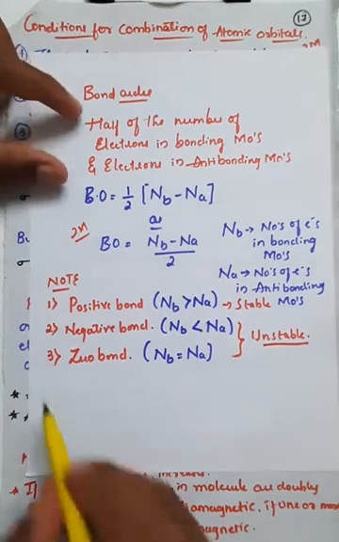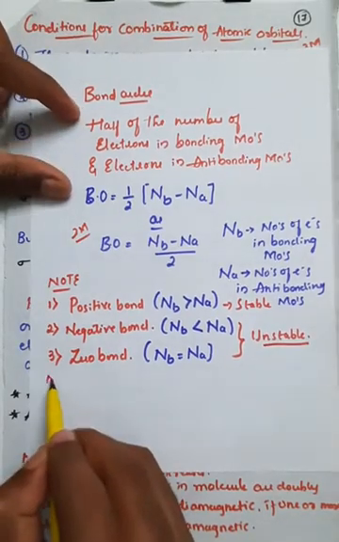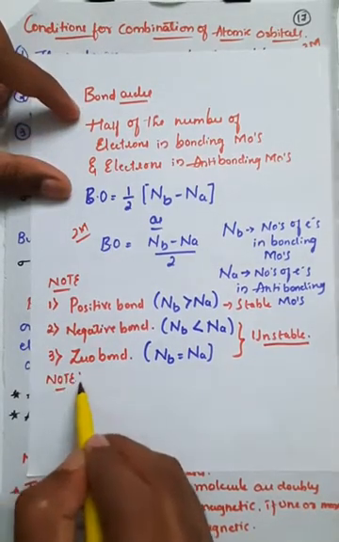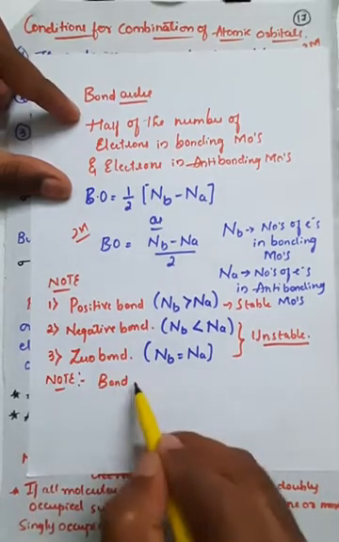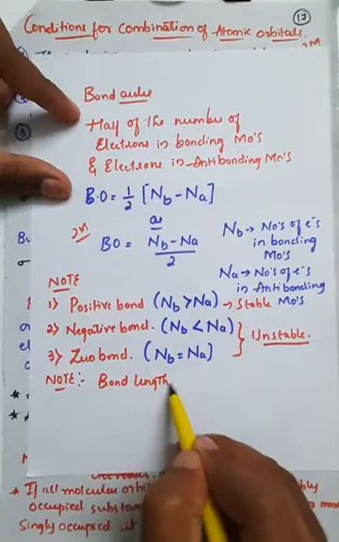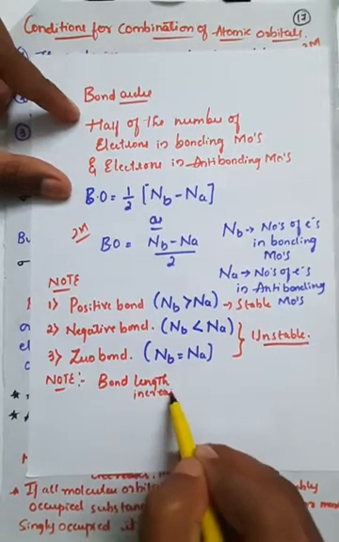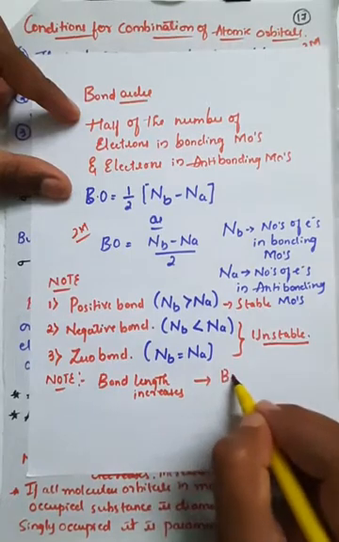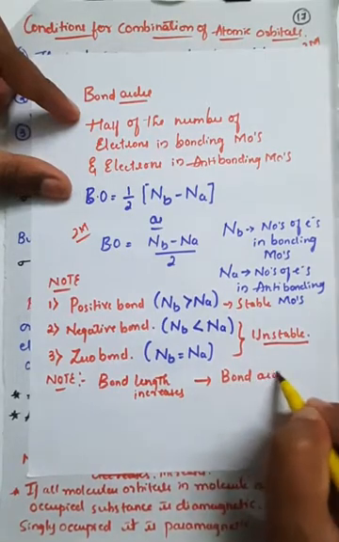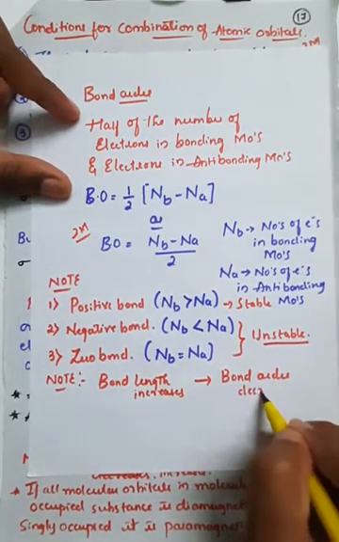And we have also seen one important note point, that is a statement along with this: whenever the bond length increases, bond order decreases, right?